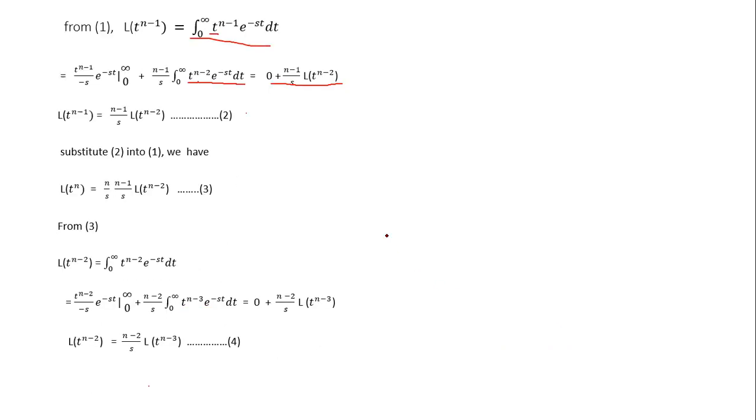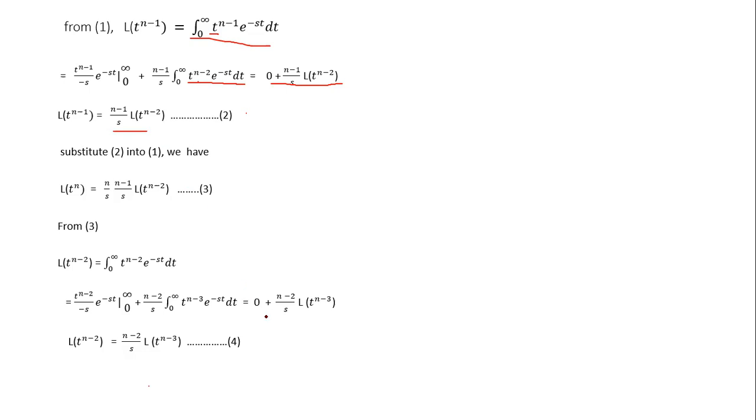And when we also transform Laplace of t power n minus 1, we are going to have n minus 1 over s multiplied by Laplace of t power n minus 2. So it means we are going to transform this to a Laplace of t power n minus 2. Then that can even give us n minus 2 over s, Laplace of t power n minus 3, and go on and on and on.